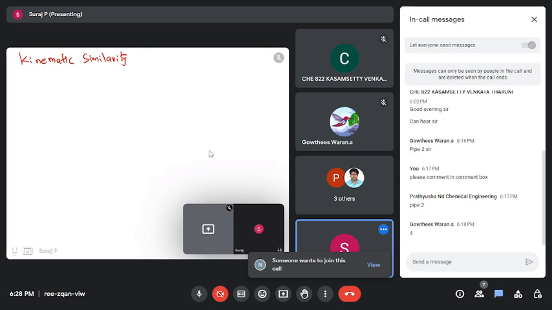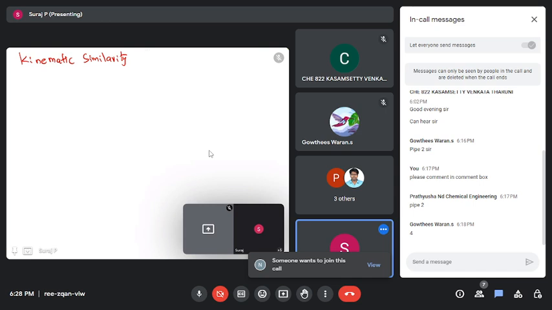Here we assume geometric similarity is followed, that is L by D equal to small l by small d. Then we need to consider two points in the pipe section. This is point number 1 and this is point number 2.